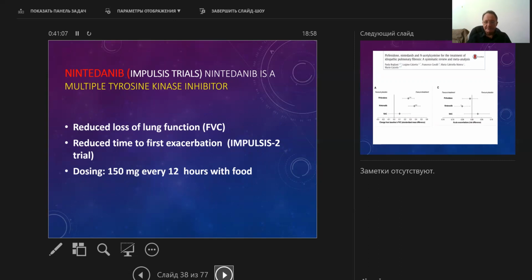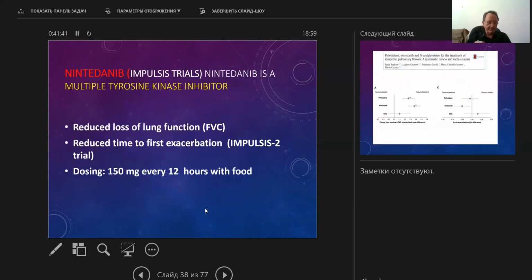Very important things which make it choice number 1 for treatment of patients with progressive fibrosis or IPF: it reduces time to first exacerbation, and the dosing is 150 milligrams BID, every 12 hours, with food.